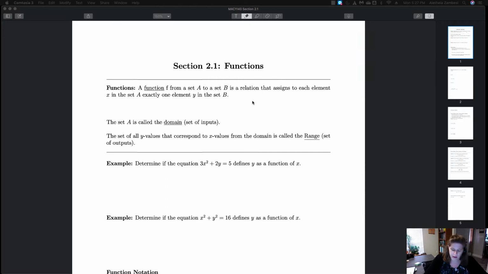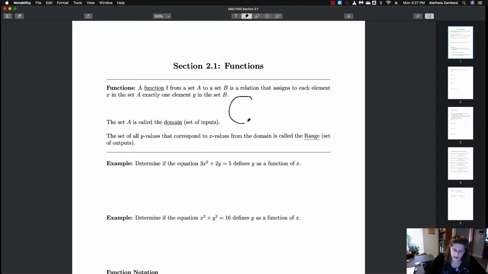So if you were thinking about that as far as a picture is concerned, we'll call this set the set A, and this set the set B. Now within sets A and B there are a number of elements. So x1, x2, x3, and so on could be in A, where in B we have y1, y2, y3.